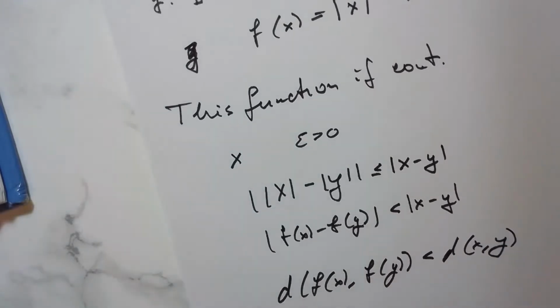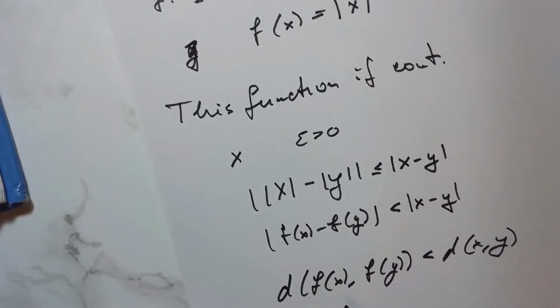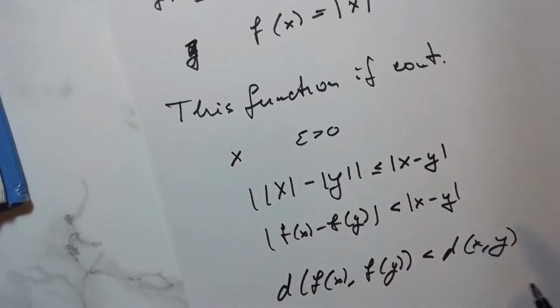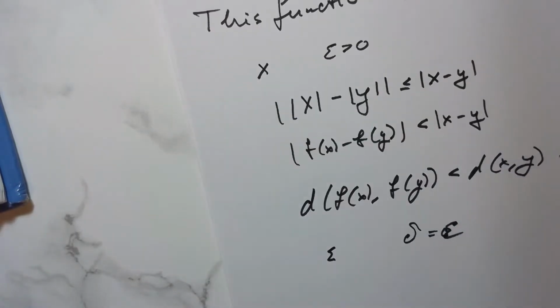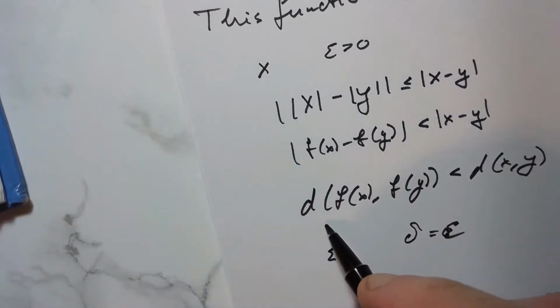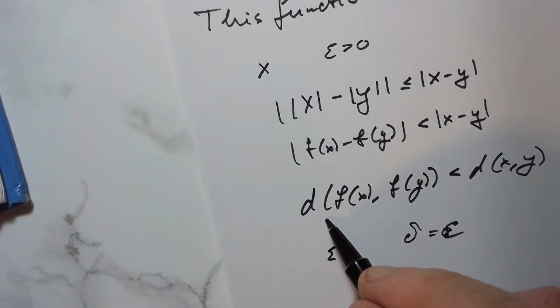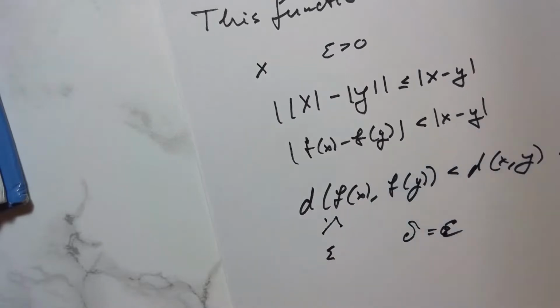So if I take an arbitrary epsilon and choose delta to be equal to epsilon, that means that if the distance from x to y is less than epsilon, then the distance from f of x to f of y is also less than epsilon. And that means that this function f is continuous as well.